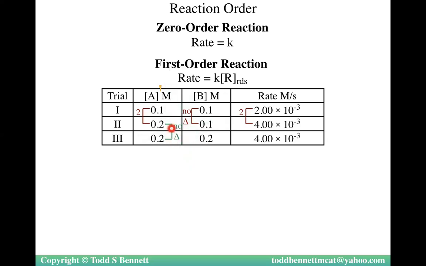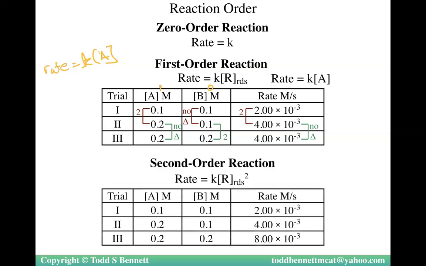No change between trials 2 and 3, B doubled, no change in the rate, so it doesn't depend on B, so it only depends on A. So I'm going to reach a conclusion: the rate equals a constant times A to the first power. It does not depend on B whatsoever, which means A is my electrophile, B is my nucleophile. It helps me identify that in that substitution reaction.